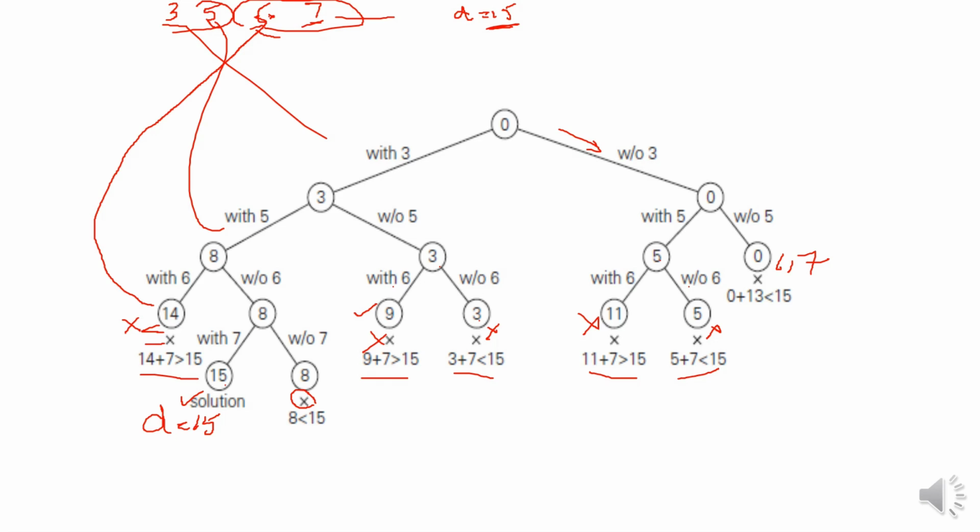The remaining element sum, if I take, 6 plus 7 is 13. With all the 4 elements considered, 2 included and 2 not, I will never reach the value of 15. So this is also a dead end and a non-promising node. So we have generated only one solution for this particular example.